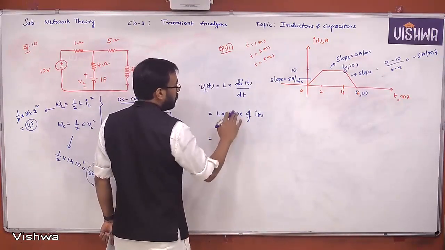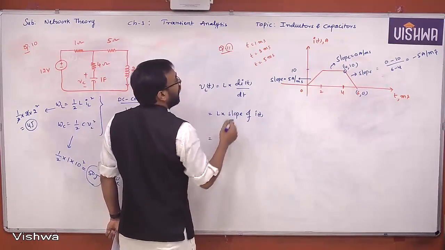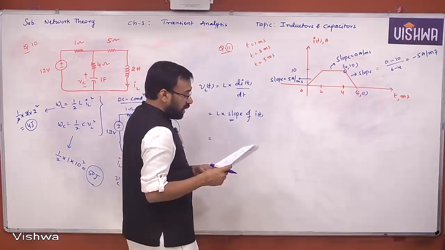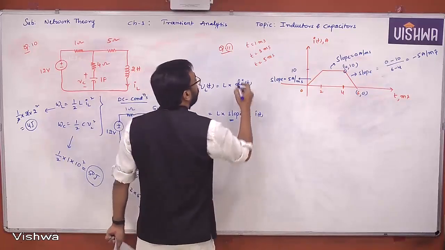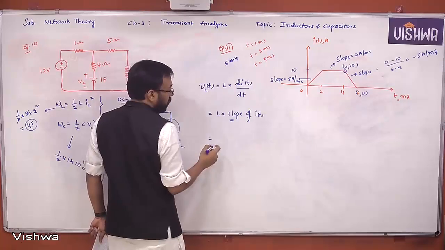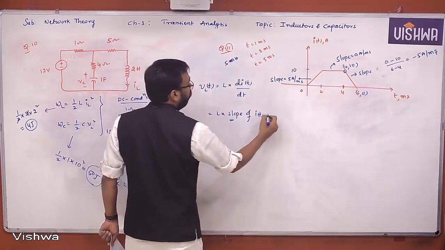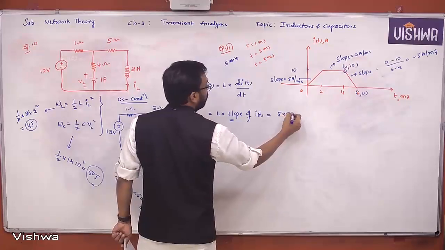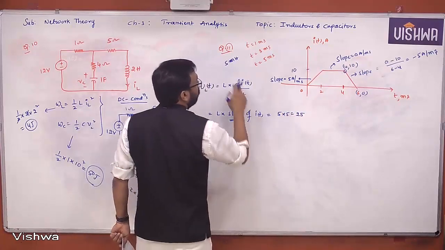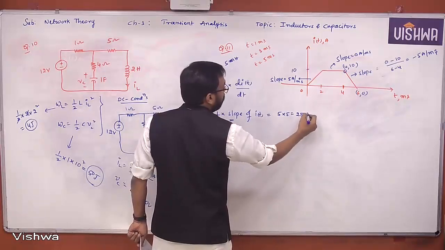Then what is the value of voltage? L into slope. What is L given in the problem? 5 millihenry is the inductance value. Substitute here. Now VL of t is 5 into 5, 25 millihenry per millisecond. Both get cancelled, so this is 25 volts.